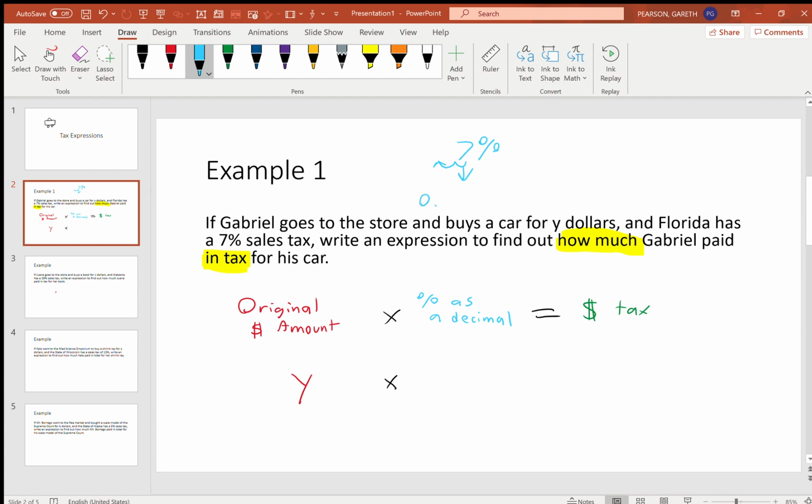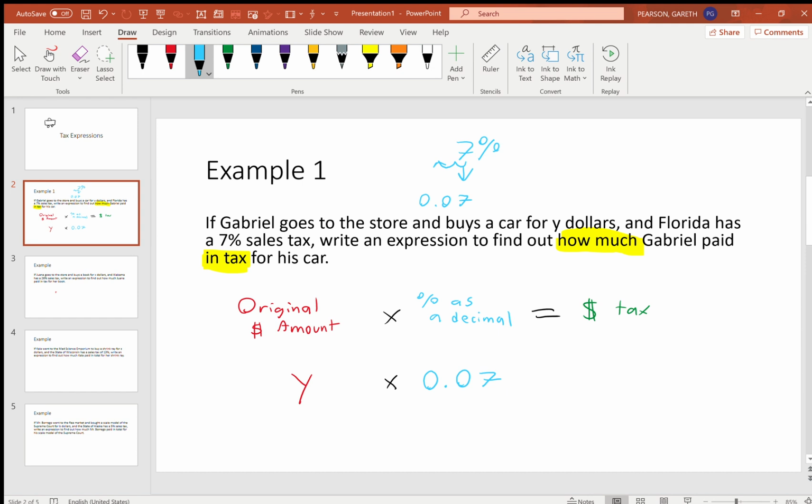That becomes 0.07. So Y times 0.07 will tell us how much Gabriel paid in tax.